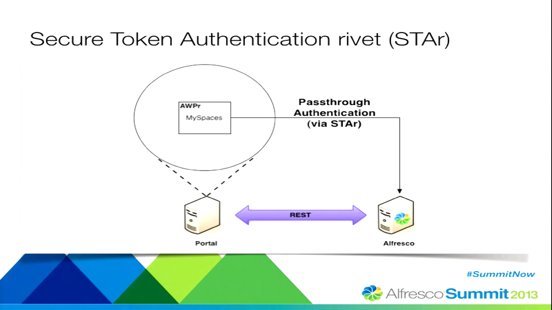So user Bob exists here. Alfresco knows about Bob, and knows Bob has read-only access. Bob, the same user, logs into the portal and tries to execute a write. Somehow there's a bug in this application on the portal side, and they're able to make a call to write data into Alfresco.